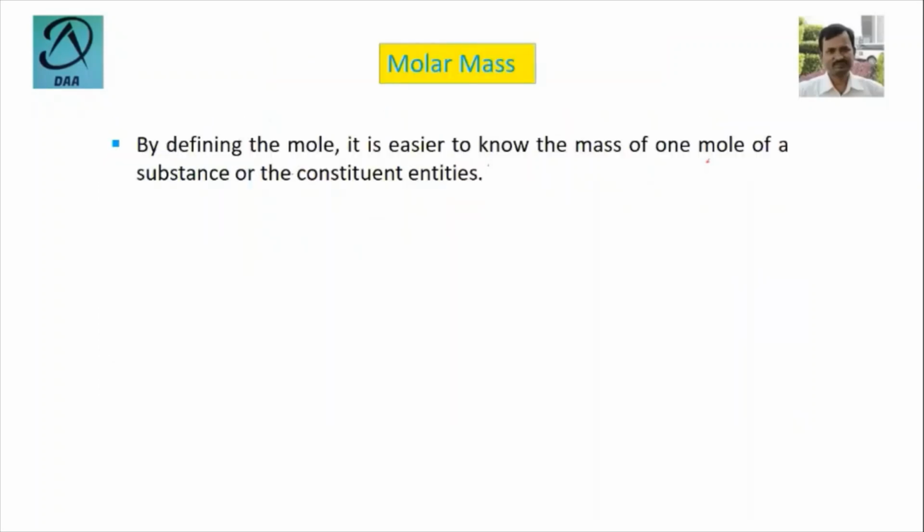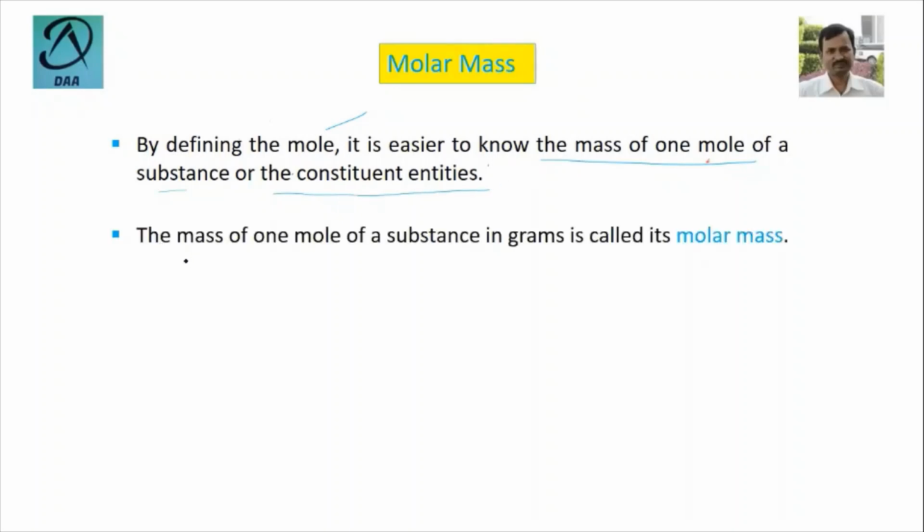Now molar mass. By defining a mole, it is easier to know the mass of 1 mole of a substance or the constituent entities. The mass of 1 mole of a substance, if its unit is gram, is called the molar mass.